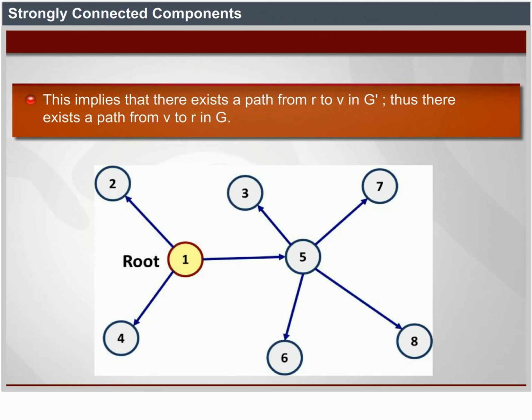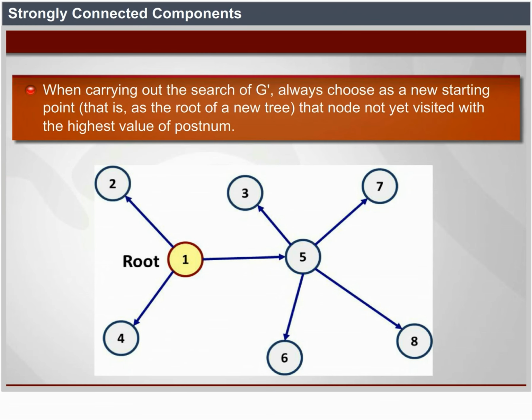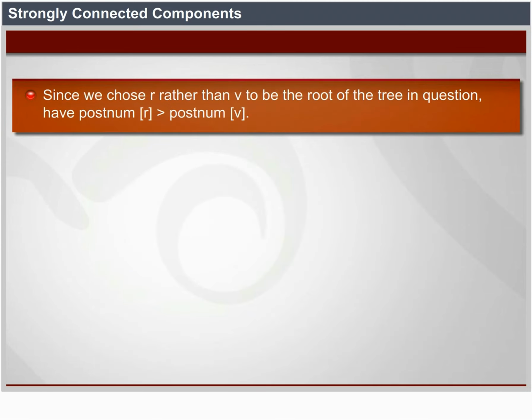Thus there exists a path from V to R in G. When carrying out the search of G', we always choose as a new starting point, that is, as the root of a new tree, that node not yet visited with the highest value of postnum. Since we chose R rather than V to be the root of the tree in question, we have postnum of R greater than postnum of V.